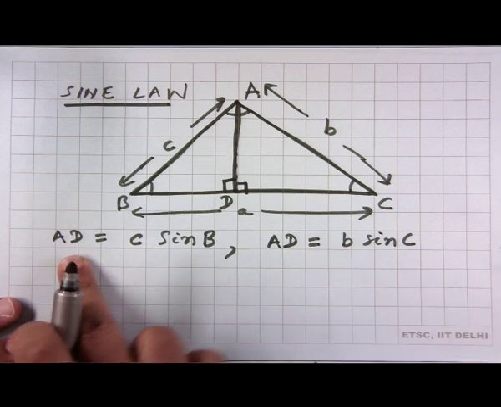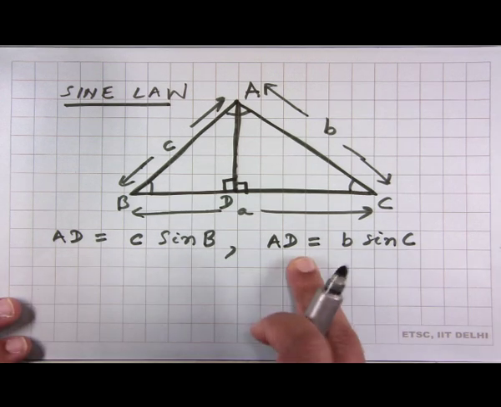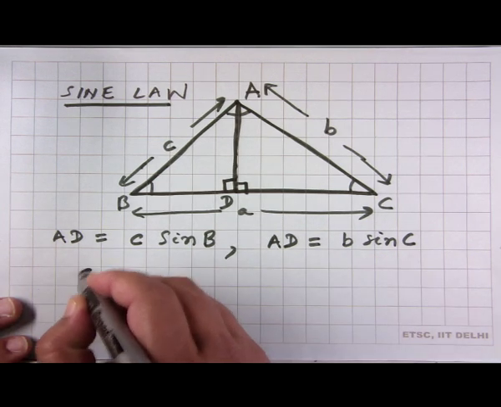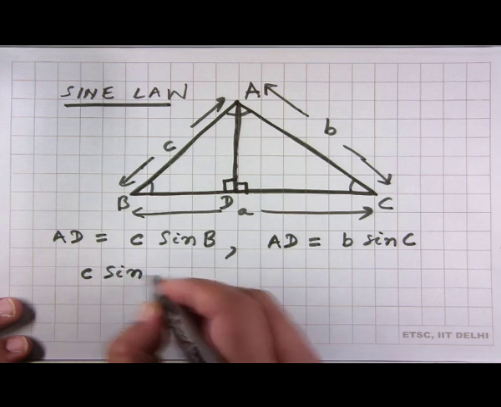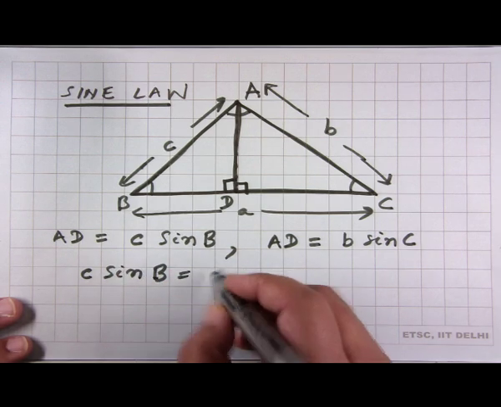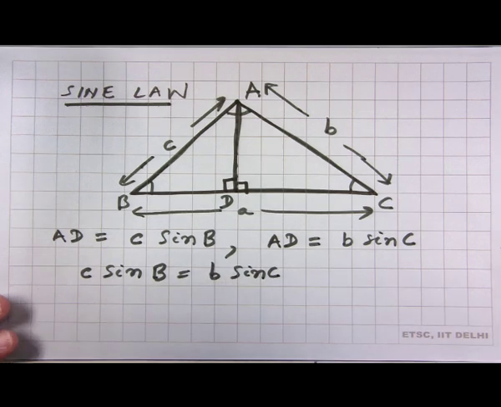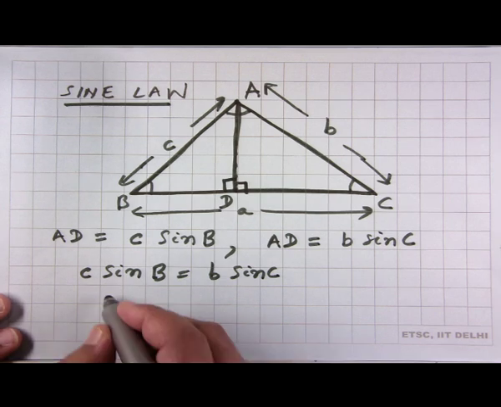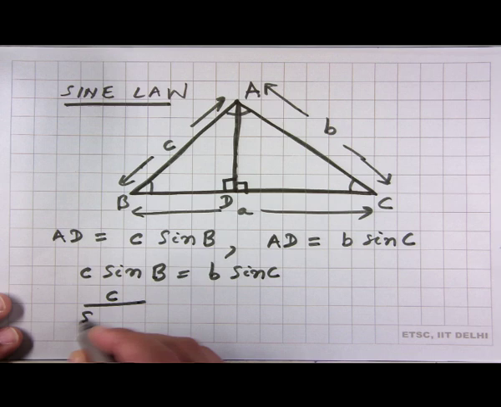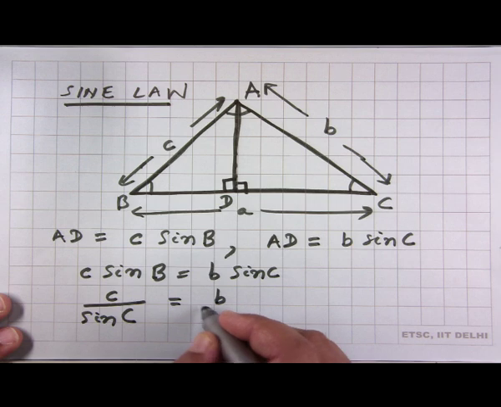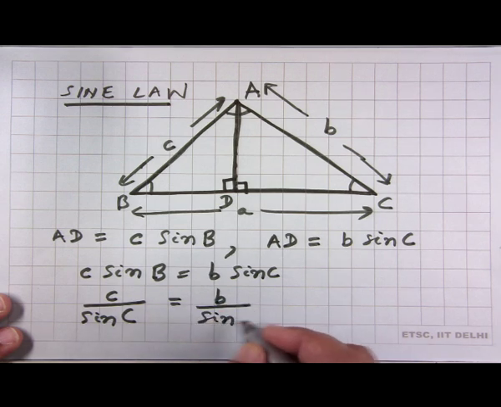Now, since the two expressions for AD are equal, by comparing these two equations, we end up getting c sin B equals b sin C, or in other words, c by sine of angle C is equal to b by sine of angle B.